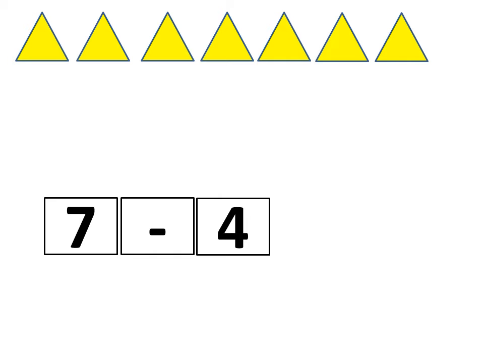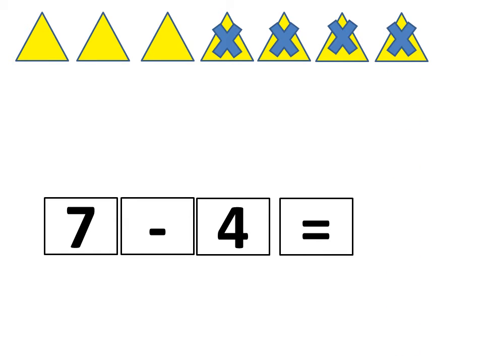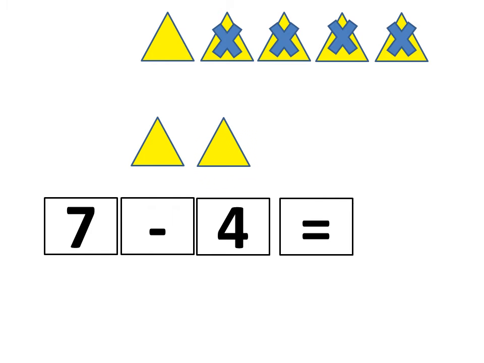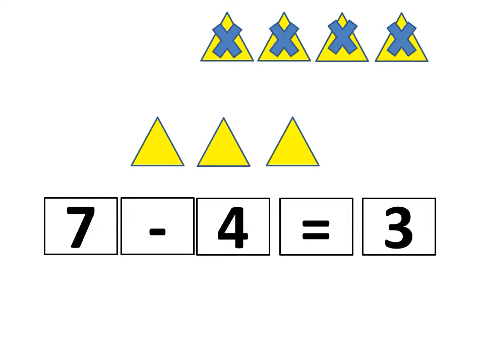So let's remove 4 triangles. 1, 2, 3, 4. So how many triangles left? Let's count. 1, 2, 3. There are 3 triangles left.